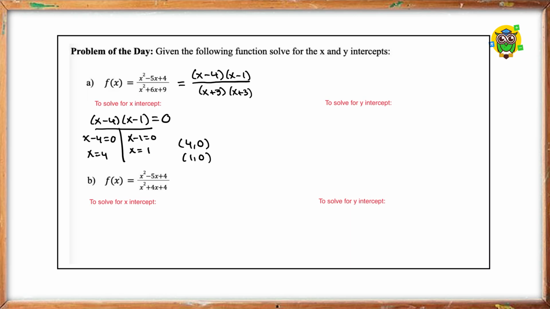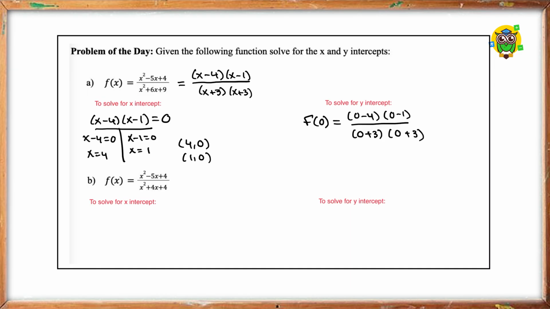Now we are going to solve for the y-intercept. Using our factored function, we are going to replace all of our x's with 0. So we now have 0 minus 4 times 0 minus 1 over 0 plus 3 times 0 plus 3.